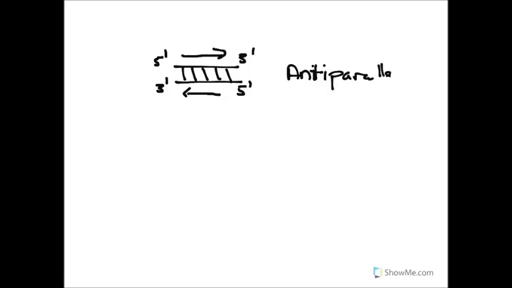So let's take this and put in right here where I have just lines, and let's draw some bases. Basically the lines that I drew that were parallel represent our sugar phosphate backbone, and the lines going across it are our bases, base pairs that are binding through hydrogen bonds.